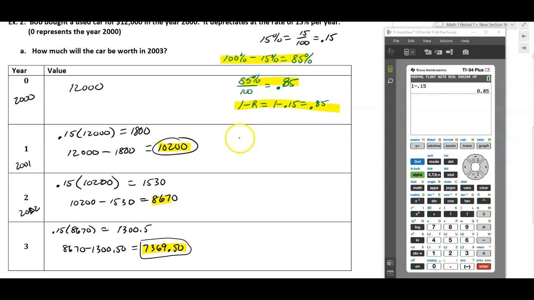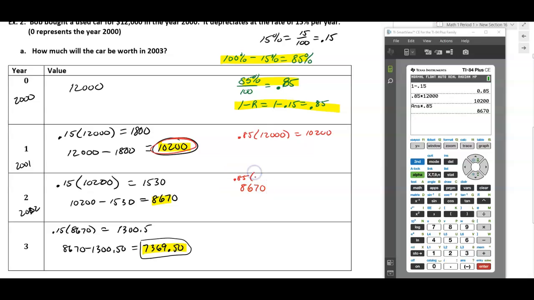And if you look here, if I take 0.85 and multiply it by the original price, 0.85 times 12,000, you get $10,200. Doesn't that match up with the value after 1 year? Now, if I take that and multiply it again by 0.85, you get 8,670.